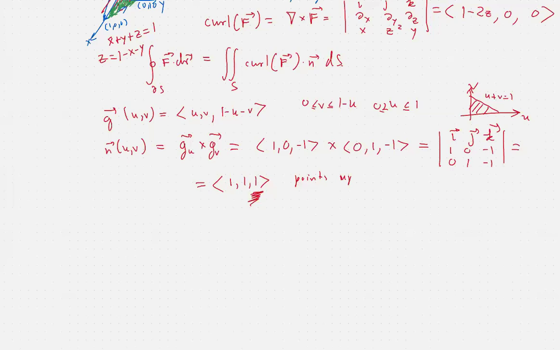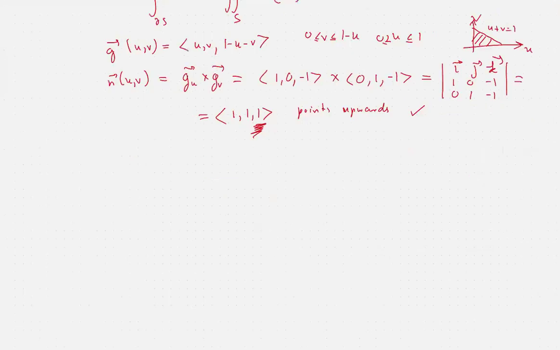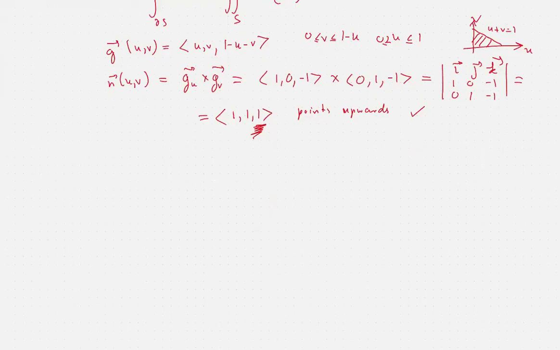Okay, so before we take the integral, we need to compose the curl that we have with the parameterization. So what this really means is, instead of having x, y, z, we should have u comma v comma 1 minus u minus v.